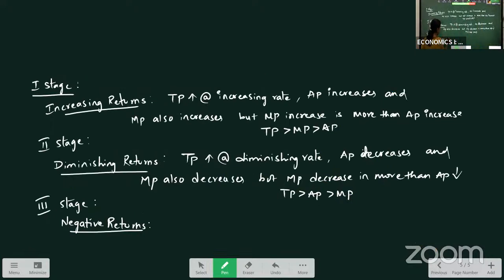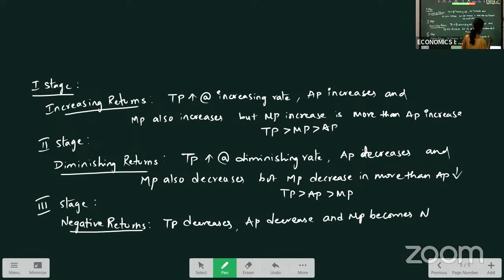In this stage, what we will see, TP decreases, AP decreases and MP becomes negative. MP becomes negative.